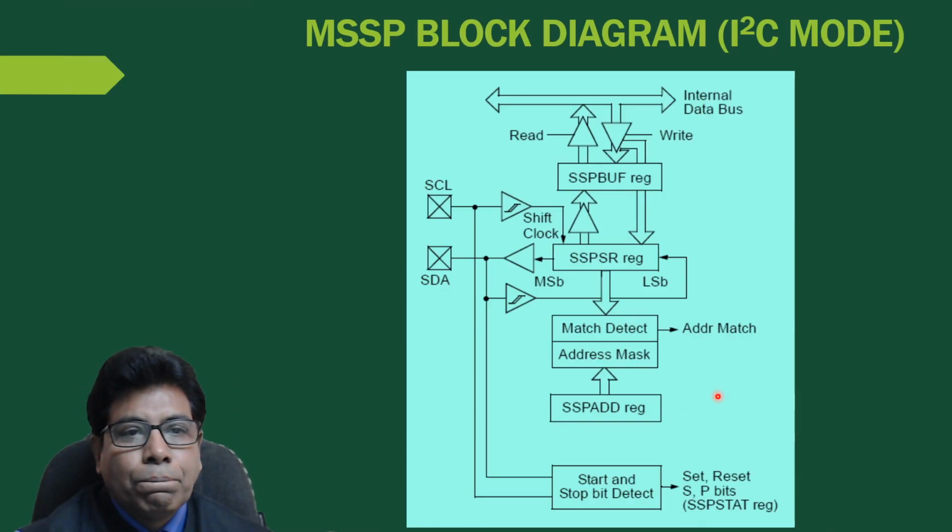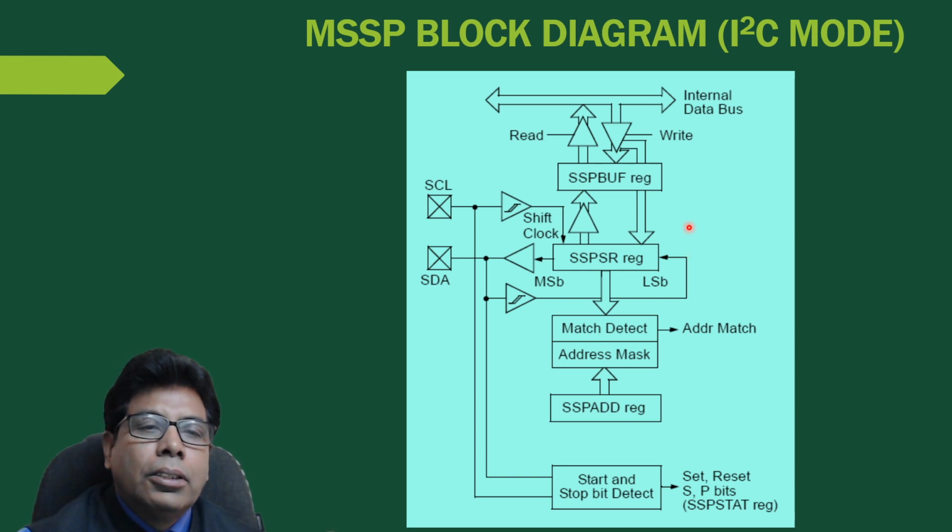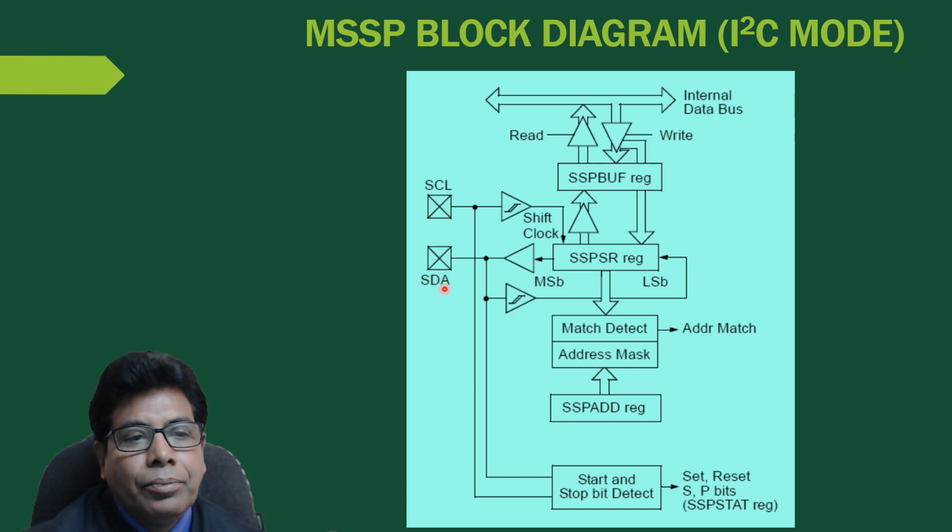So here is the block diagram for the MSSP in I2C mode. Here you can see these are the two input pins, SCL and SDA, serial clock and serial data.